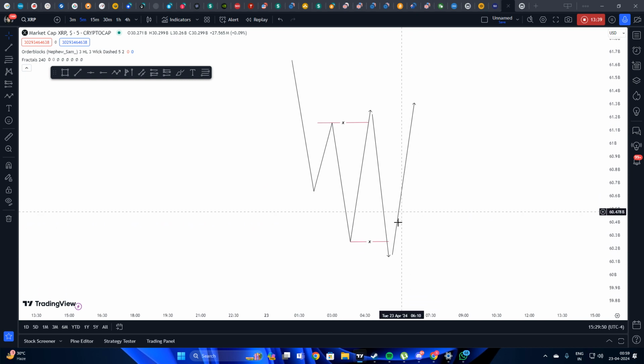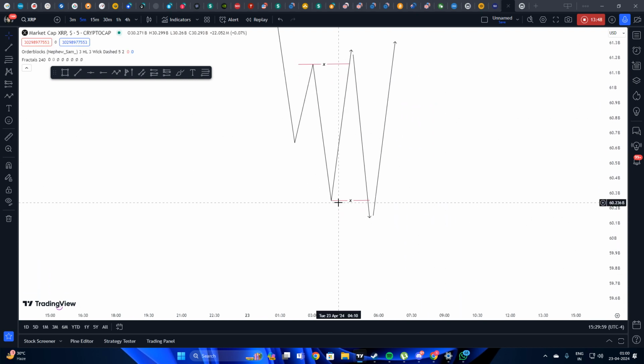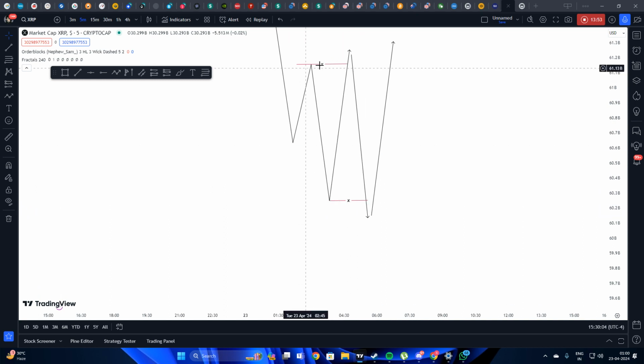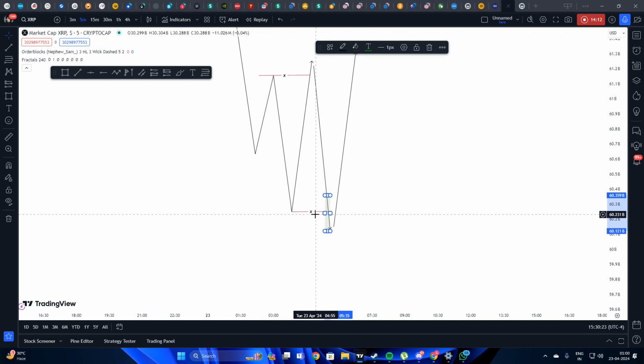Now, where do you get into the trade to get the highest momentum and not get your stop losses hit in here or in here or in here? Exactly. After the fake CHoCH has happened, you need to wait for the market to take its last low, and the candle should close below the last low's wick.